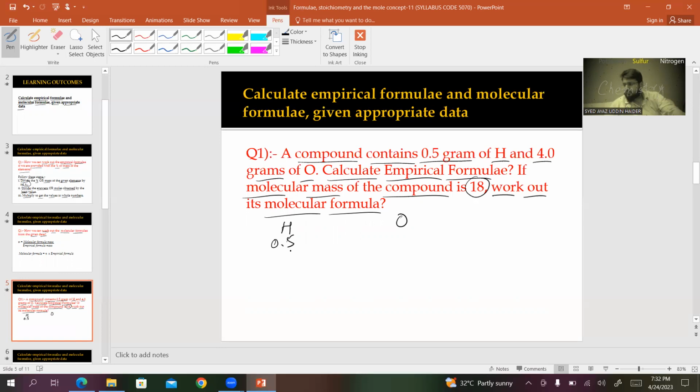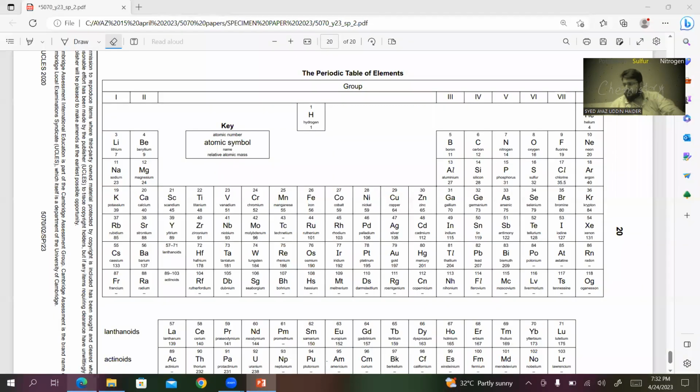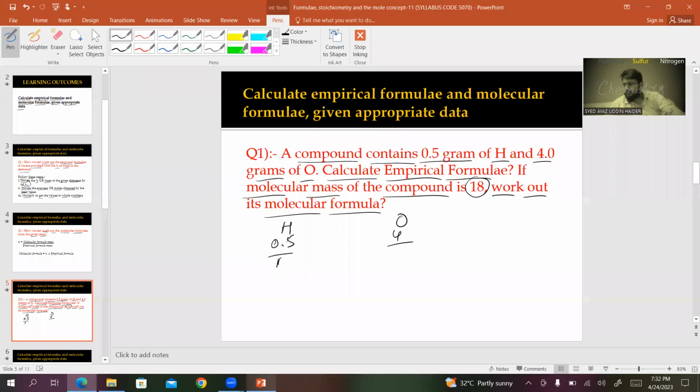We know the nucleon number or AR of hydrogen is 1. The mass of oxygen is 4. We'll divide the 4 by the AR of oxygen. You can see here, it is 16. So we will divide it by 16.